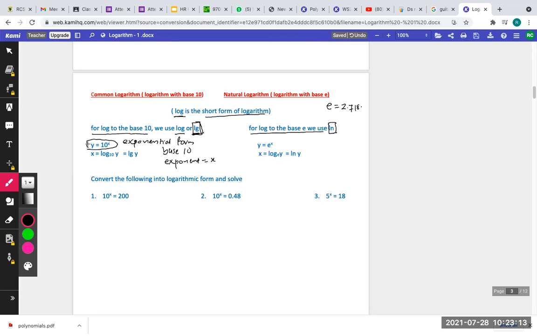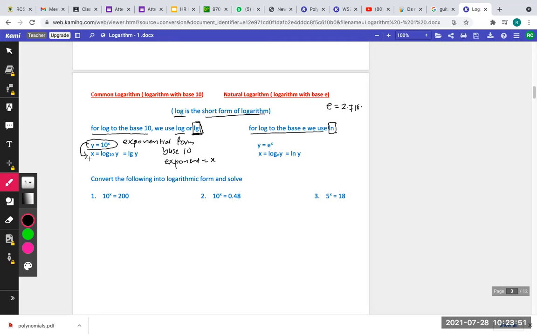So if you want to convert an exponential form to a logarithmic form to solve a certain exponential equation, what we do here, guys, as I have told you earlier, logarithm means exponent. So here, what is the exponent? x is the exponent, right? So we write x equals log, and you write 10 as the base because base is 10 and y is the answer. So how do we read this? x equals log y to the base 10.